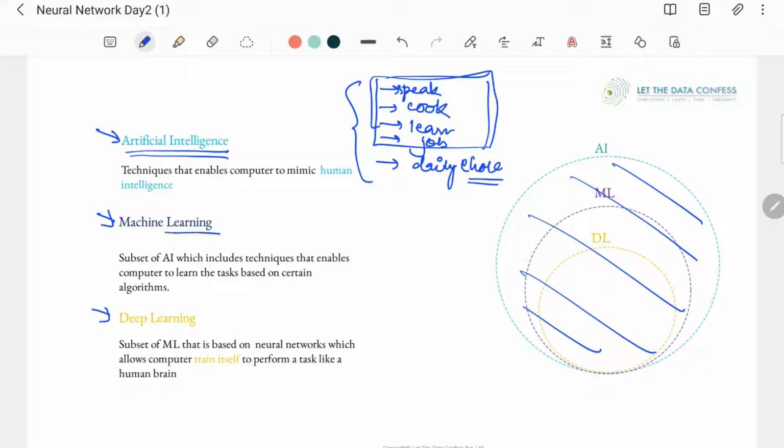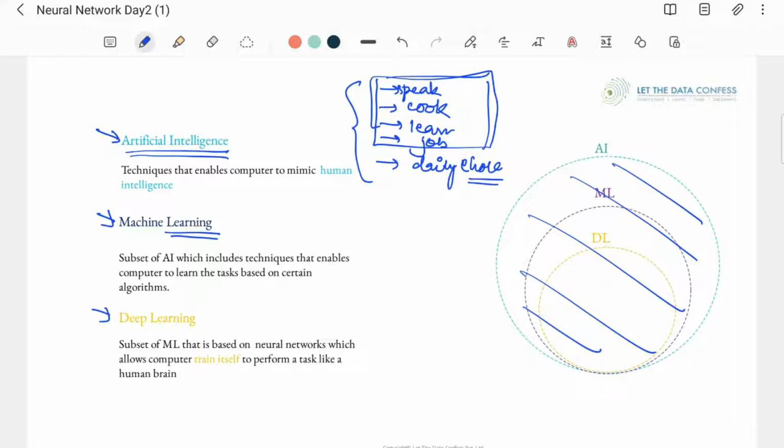Now, machine learning is a subset of this AI. I'm training my network or my model in such a way that it can do a specific task, that's the first thing. Second, it should be based on some mathematical algorithms. I would not say it's exactly rules, but there is a fixed set of things where I can figure out why it happens.